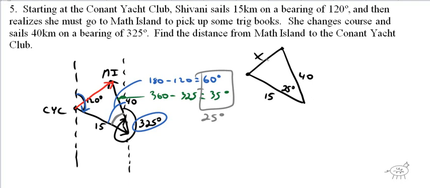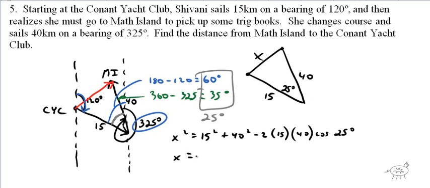Okay, and then it's law of cosines. So it's x squared equals 15 squared plus 40 squared minus 2 times 15 times 40 cosine of 25 degrees. So multiply it all out and take the square root, and you get x equals 27.2 kilometers.